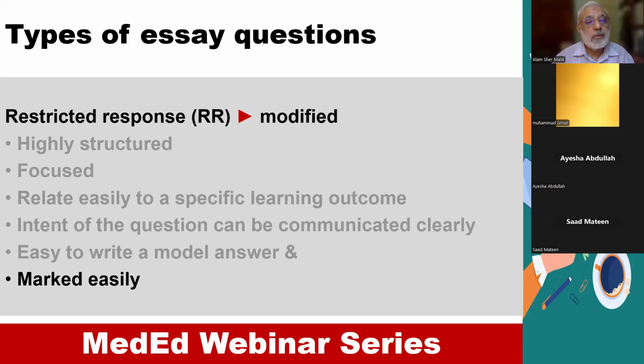So this is an important slide, with important attributes of restricted response questions. These are the type of essay questions which we are using nowadays and promoting: highly structured, focused, easy to relate to learning outcomes, intent communicated clearly, easy to write a model answer, and marked easily, meaning objectively.